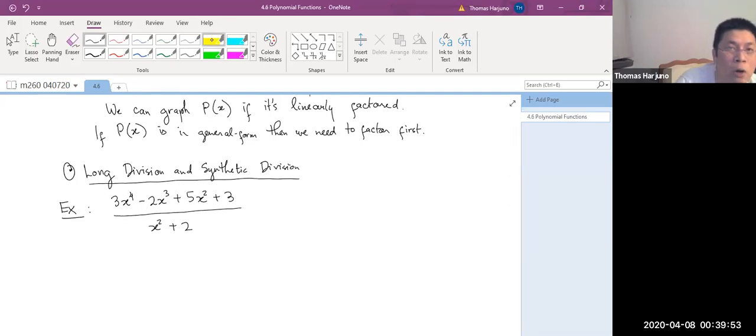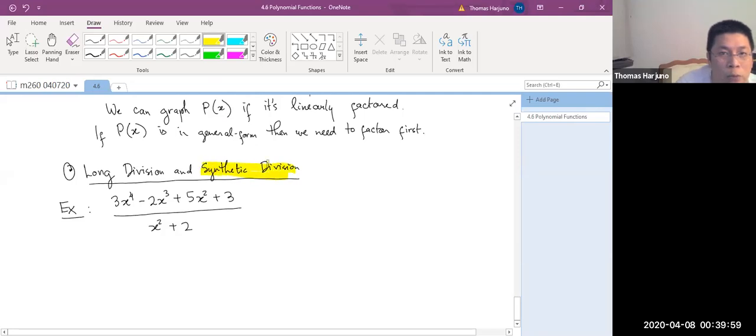Now you will see later on, synthetic division, at least at our level, we don't have time to do the variation, can only be applied when the divisor is of the form x minus c.